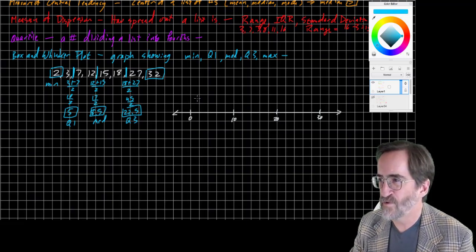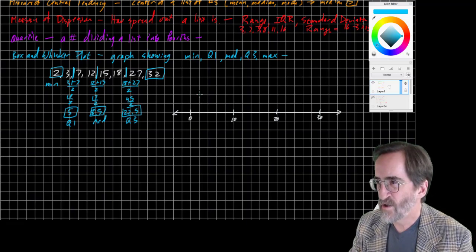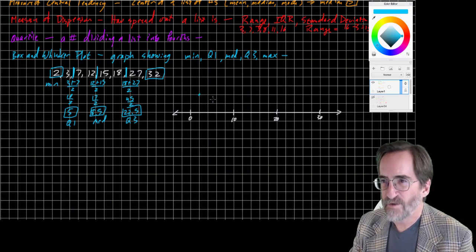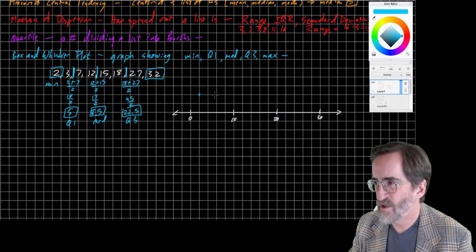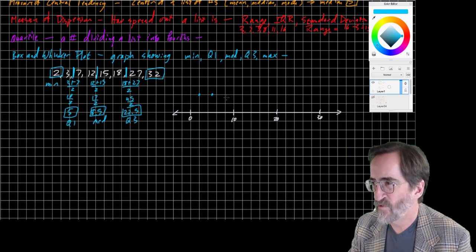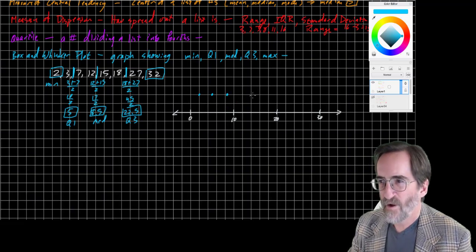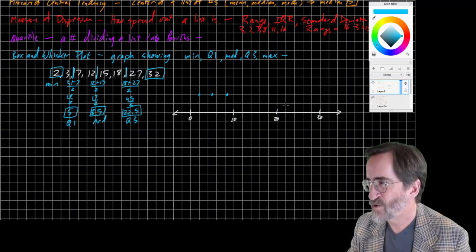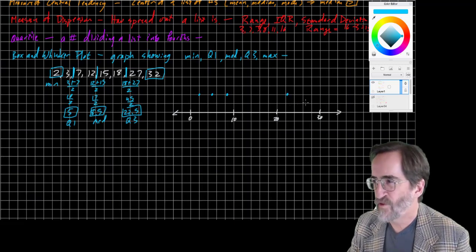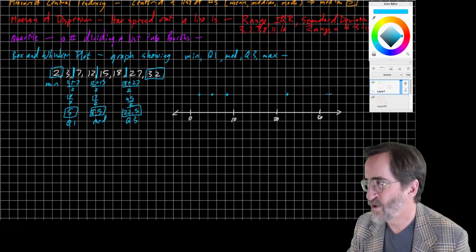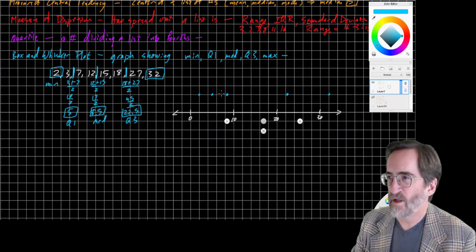So 2, that's right here. And 5 is half of 10. And the median, so this is every 2, is right here. 22.5 is right about here. And 32, right here.